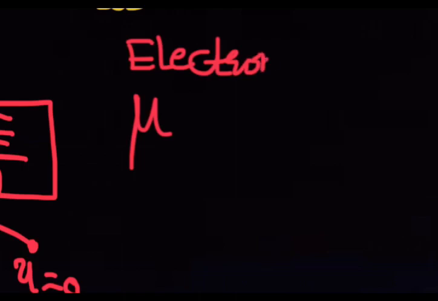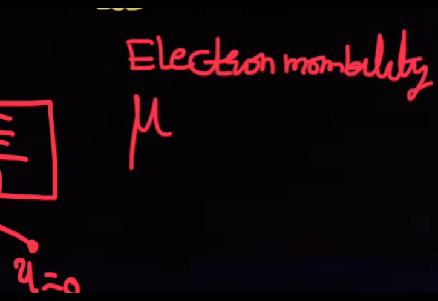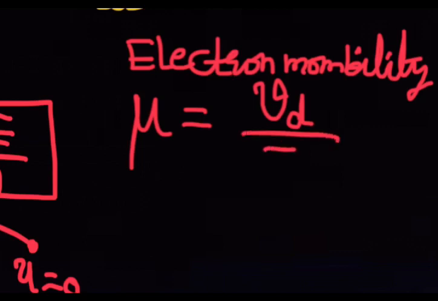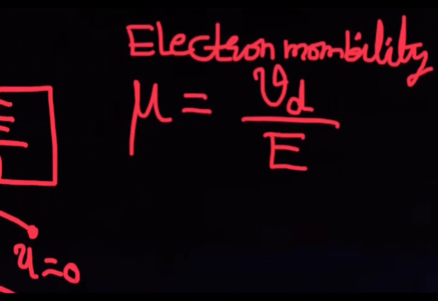Electron mobility is nothing but drift velocity per unit electric field, that is, the drift velocity when the electric field is 1 Newton per Coulomb, or 1 volt per meter. So electron mobility is drift velocity per unit electric field.